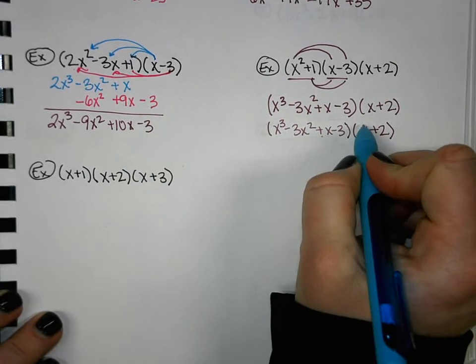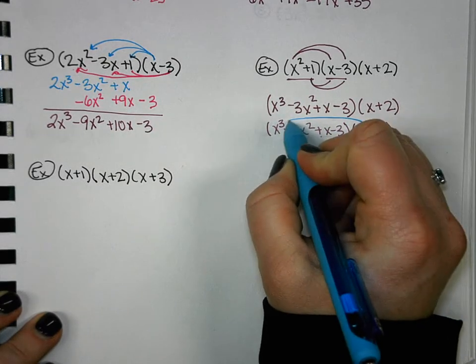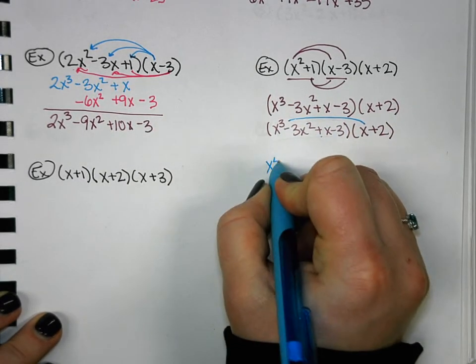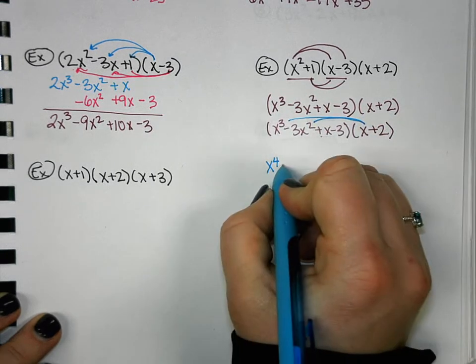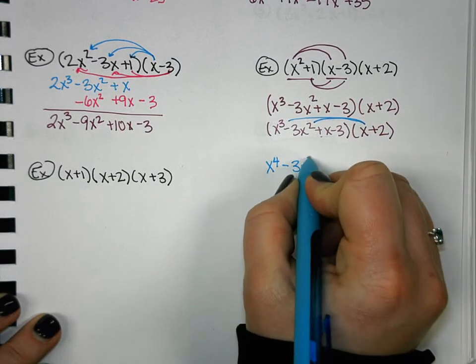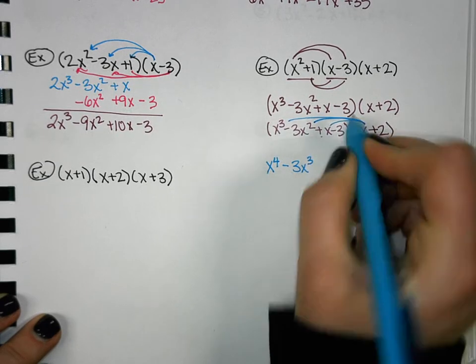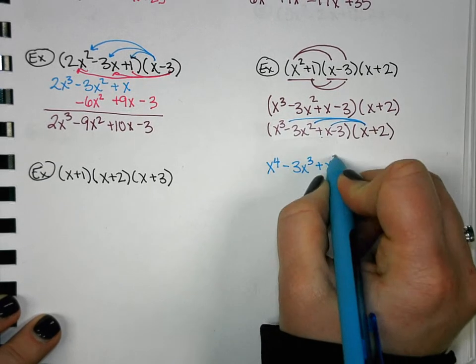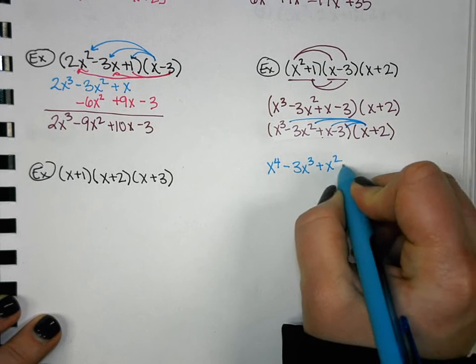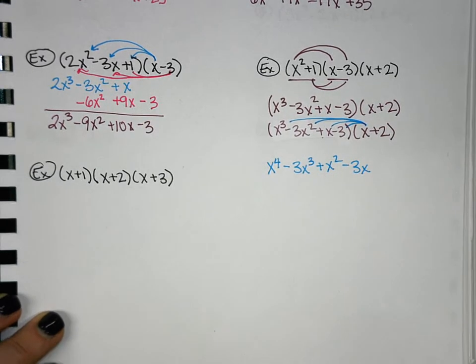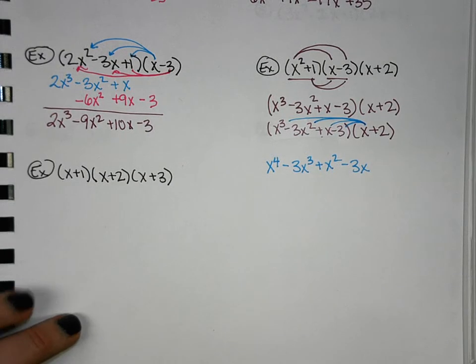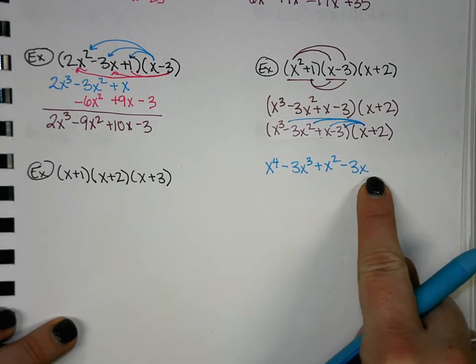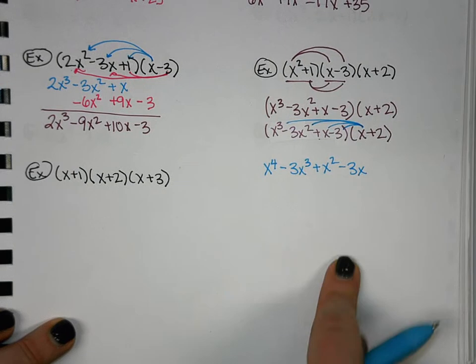So x times x to the third, x times negative 3x squared, x times x, and x times negative 3. So this would be an example of where I look at my paper, I don't have room to do vertical, so I'm going to line this one up horizontally just because I don't have the space.